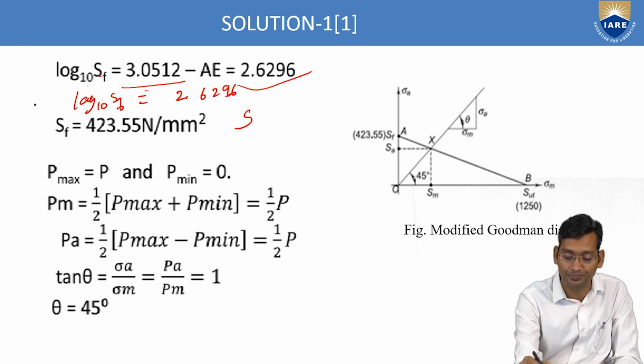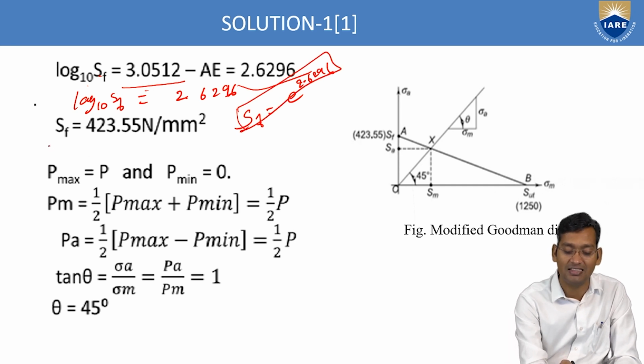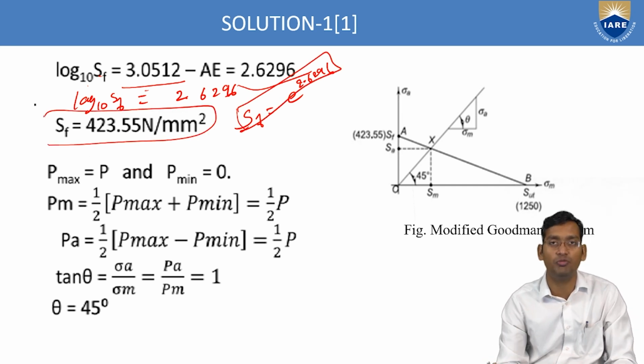Now we have to find SF. So SF will be equal to the anti-log of 2.6296. After this, what will we get? SF equals 423.55 Newton per mm square. Now we have SF.